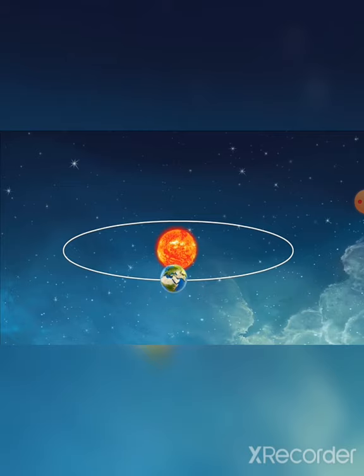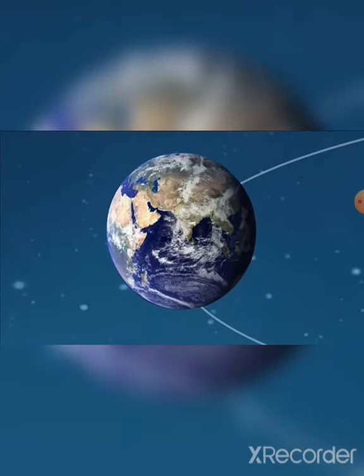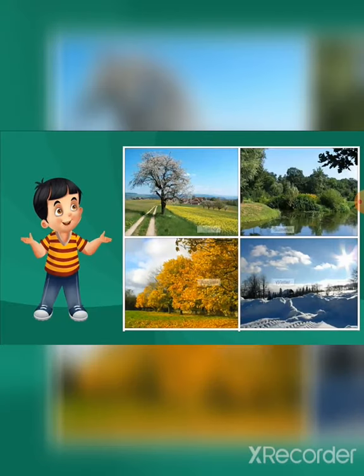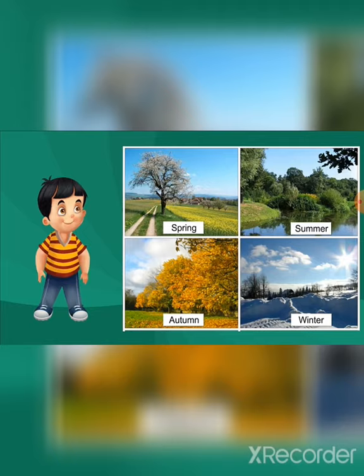During these seasons, it is neither hot nor cold. India lies in the Northern Hemisphere. There is summer season in India in the months of March to May and winter in the months of December to February. Now I understand the northern and southern hemispheres experience different seasons at the same time of the year.